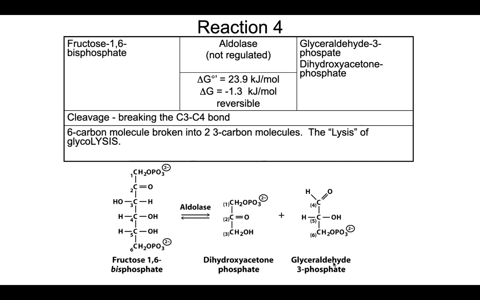Same thing here, glyceraldehyde 3-phosphate. Okay, well, we know we've got a phosphate group here on this 6 carbon. Glyceraldehyde, it's got to be an aldehyde, so that carbonyl's got to be here on this 4 carbon. Now this 4, 5, and 6, right, that derives from carbons 4, 5, and 6 from the glucose molecule. And then glyceraldehyde, glycerol. Remember, glycerol is a 3-carbon molecule with a hydroxyl group bound to each one of them. That's from the backbone of making a fat.